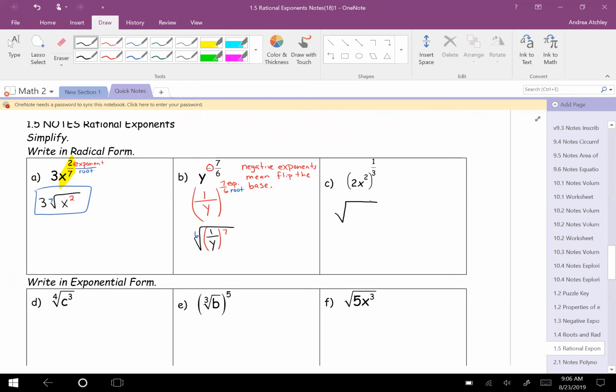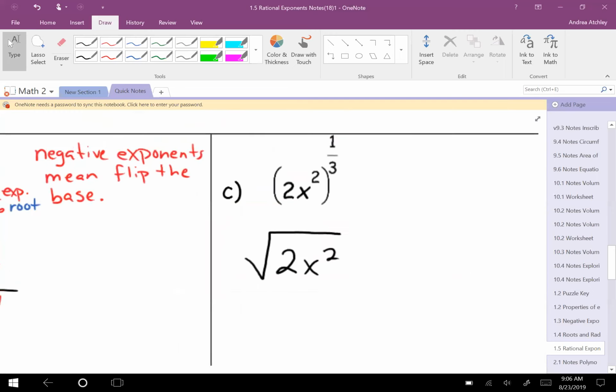Here, there were no parentheses. That's why the 3 had to move out to the outside because it didn't get the fractional exponent. Does that make sense? So if you're in parentheses, that means the whole thing needs to go inside my radical. The 2x squared. Any questions over that?